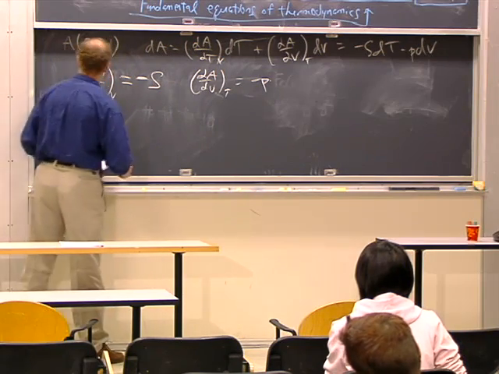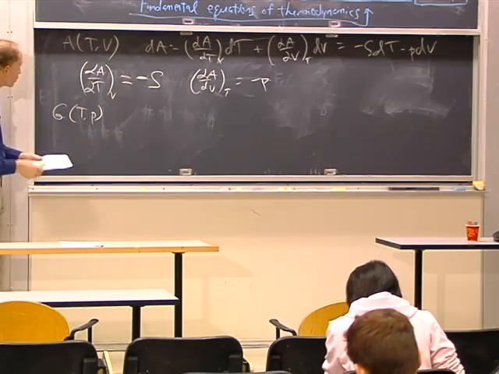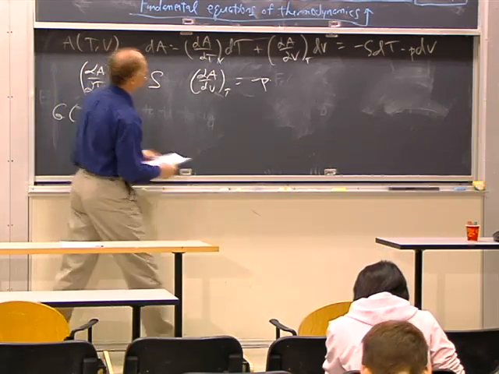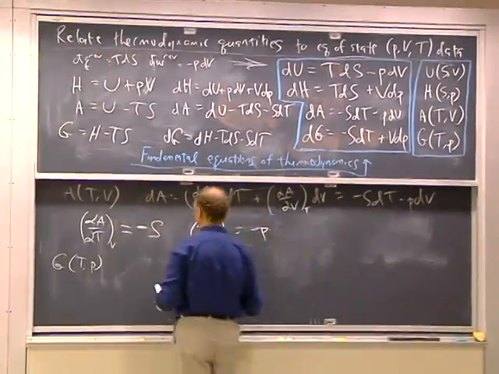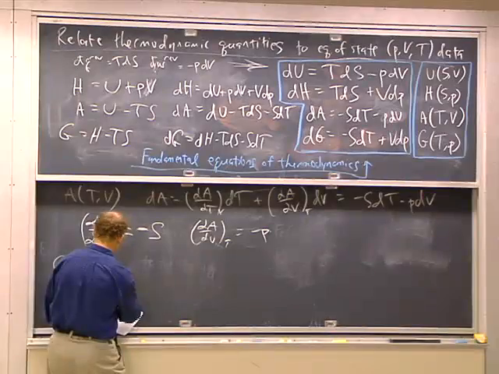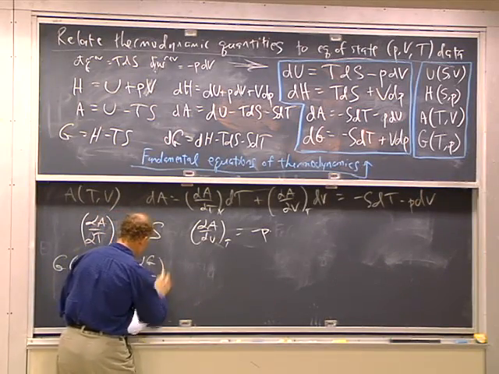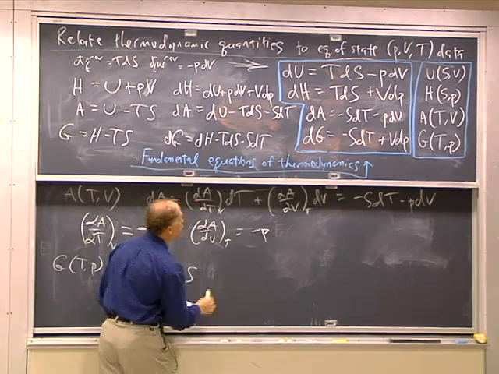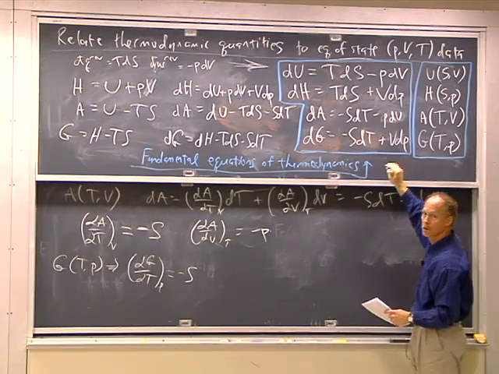Right? Similarly for G, as a function of temperature and pressure, I can go through the same procedure. That is, it's easy to write down straight away that dG with respect to temperature at constant pressure is minus S. That is, this is dG/dT at constant pressure.